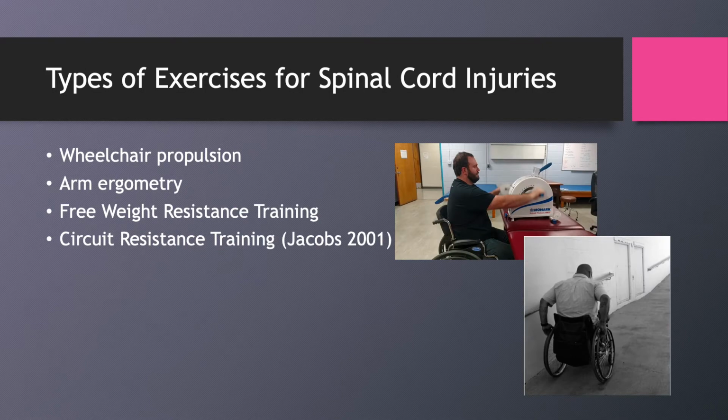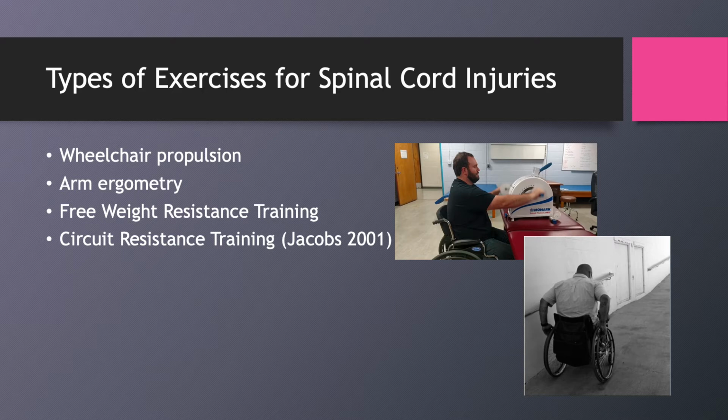Diving into the types of exercises for people with spinal cord injuries, we have wheelchair propulsion, arm ergometry, free weight resistance training, and circuit resistance training. Wheelchair propulsion and arm ergometry are both important, but they're kind of the old school exercises.